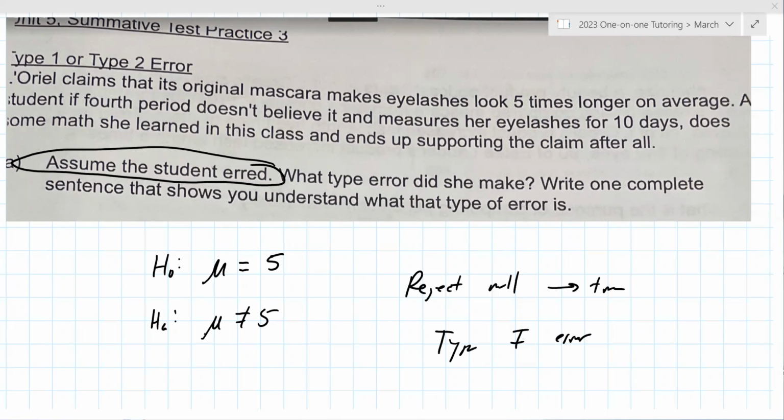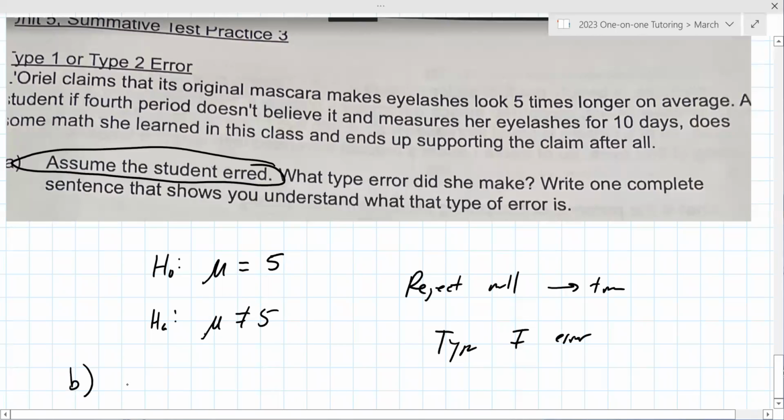Okay. Now we've answered B and C and D over and over again, but just reiterate here, to reduce the probability of a type 1 error is to reduce the alpha level.